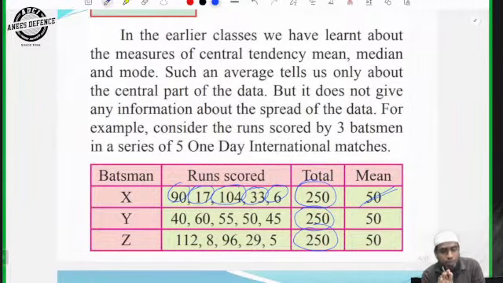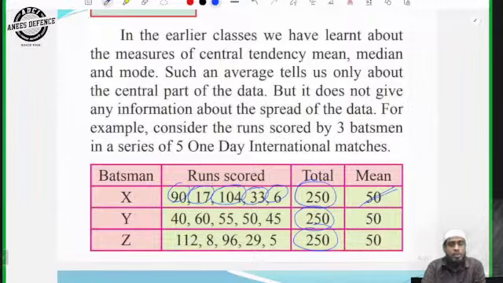But if you observe the consistency carefully, in the case of X, he is scoring a run of 6, and at the same time he is scoring a run of 104 also. Similarly for Z, the maximum score is 112 and the minimum score is 5. So the reliability of batsmen X and Z is not good. But if you see batsman Y, even though he is not scoring 100 runs, he is consistent.